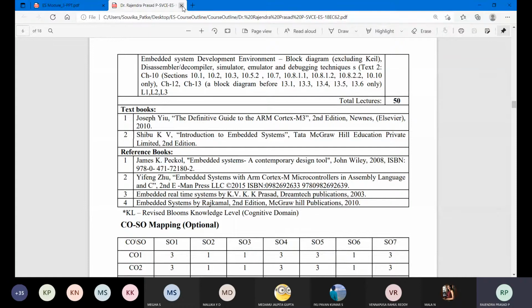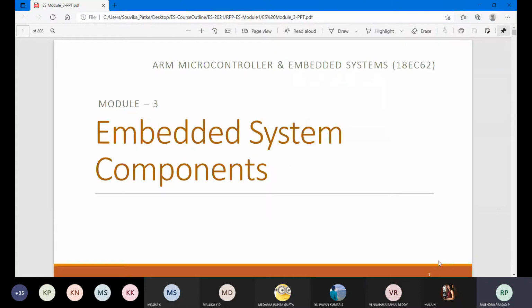So you start with module 3, which is about embedded systems. So what is an embedded system? Your processor interfaces with peripherals. Different peripherals we embed, like for the display. An ATM machine, if I take, we call it an embedded system. A washing machine, a television, we call an embedded system.